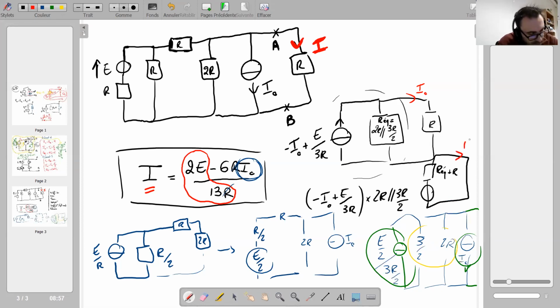And you see that you end up with a single mesh circuit and only one unique equation. So then you apply the mesh law and you should find a good result. Just to say, I equals Ec over R plus Ec.